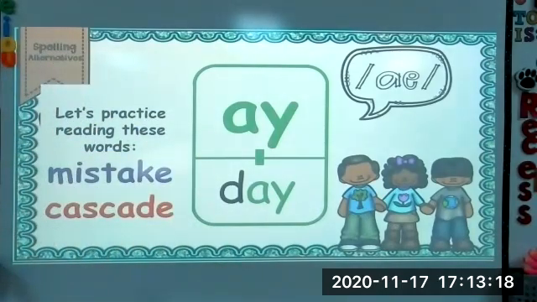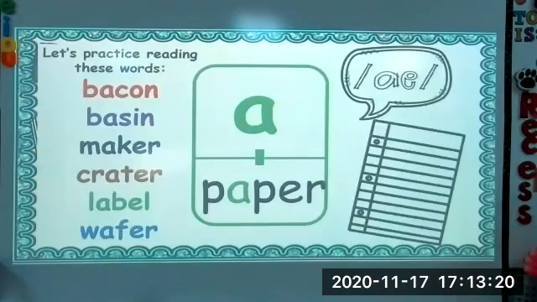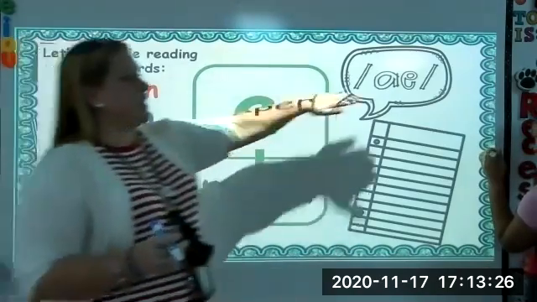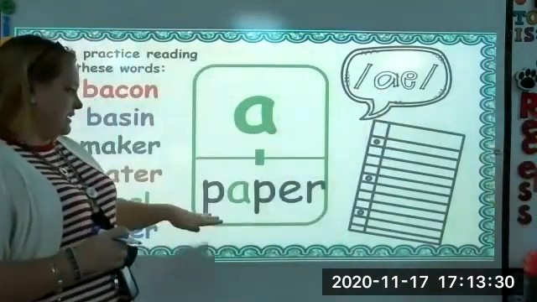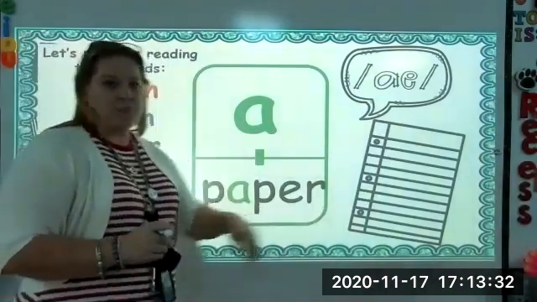Okay, let's see if the next slide is the right one. All right, so in this slide, we have learned about the sound A with just the letter A, like in paper.